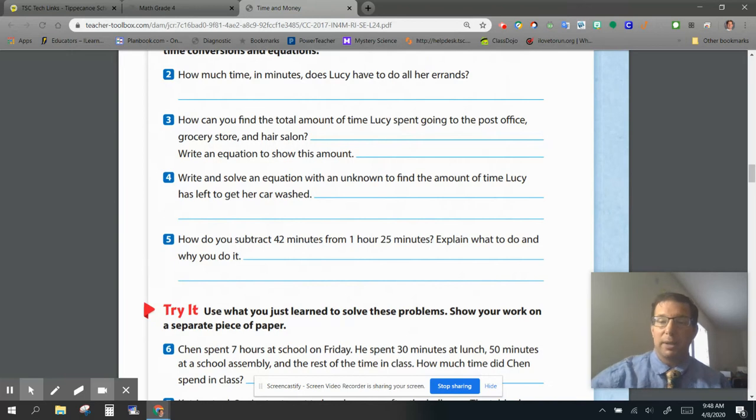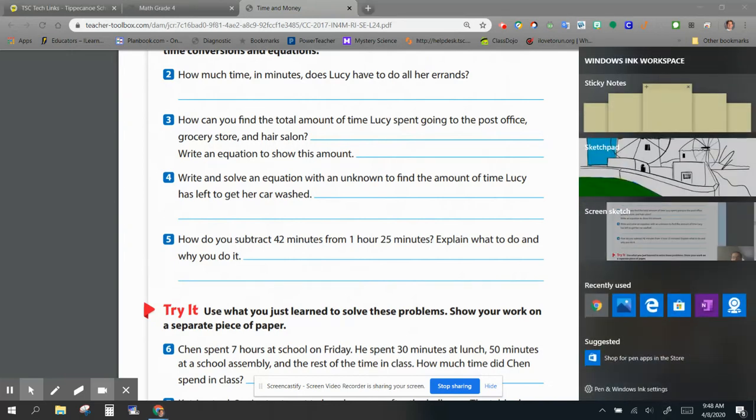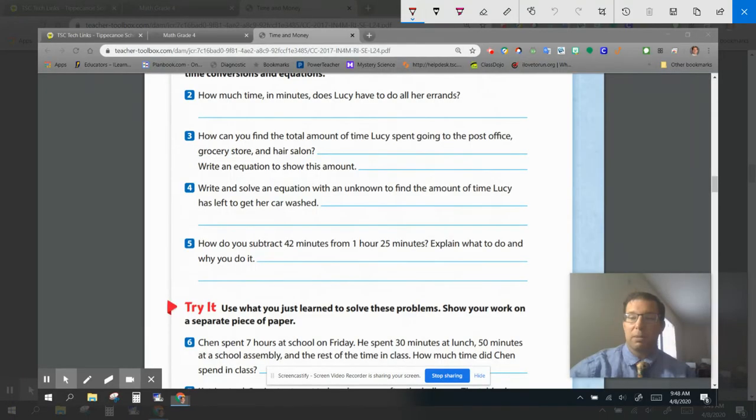Again, I'm going to freeze again because my computer does not like me. So my equation would be 15 plus 40 plus 45 equals t. That would be my equation.